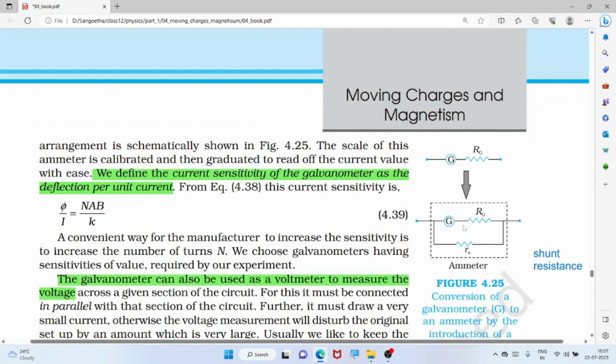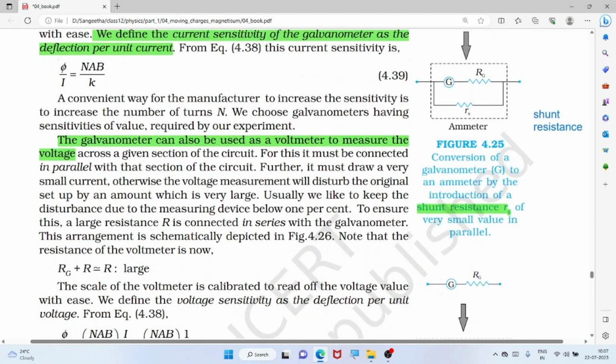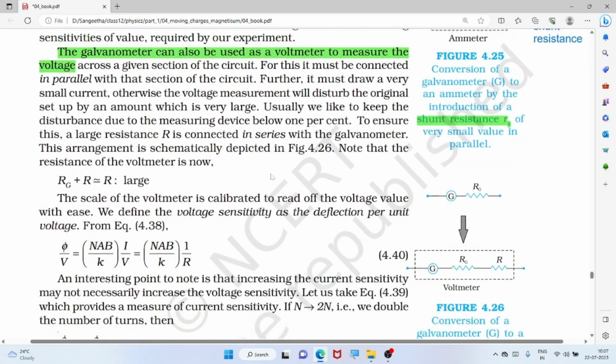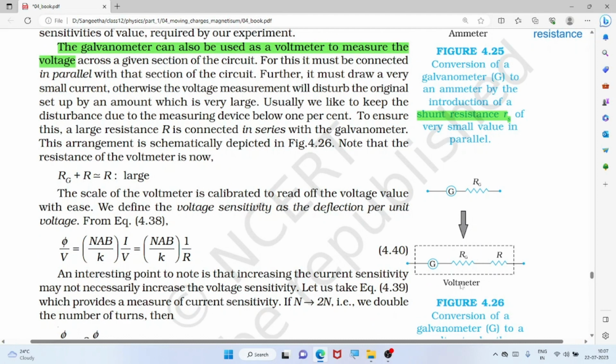This is the arrangement to measure the current, how the galvanometer is modified with the shunt resistance. And this is how it is modified to measure the voltage.